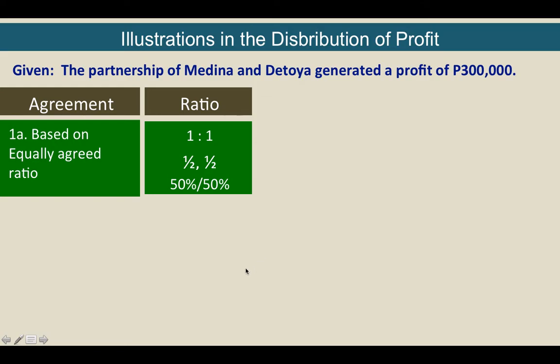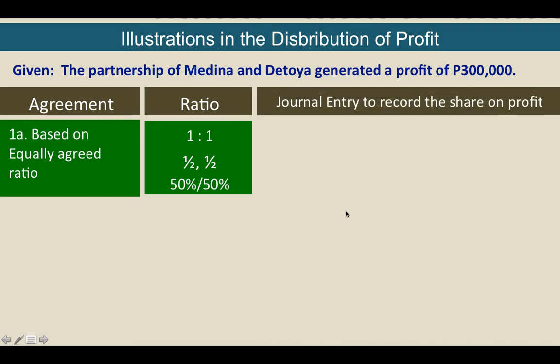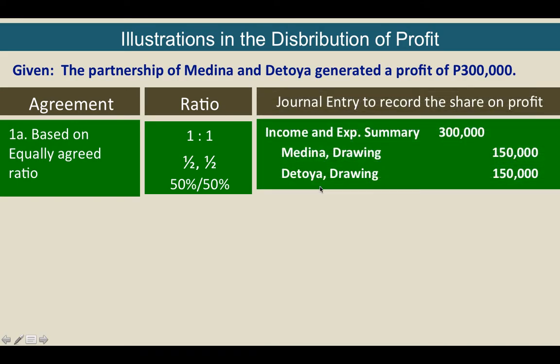So if we are going to distribute this, it's very simple. Our entry to record the share and profit, we debit income and expense summary of 300,000 and credit Medina drawing 150,000 and De Toya drawing 150,000. So they have to share equally, okay?